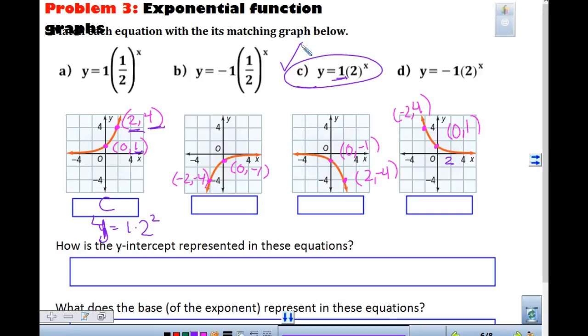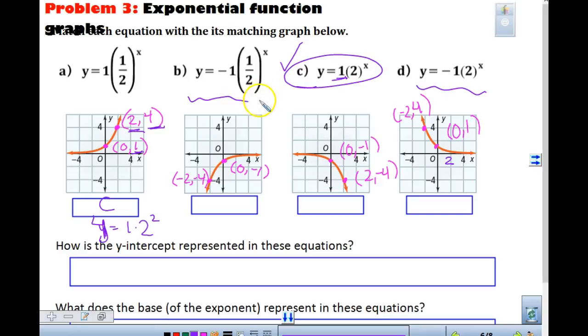I look at this next one. It has a y-intercept of -1, which means it either has to be B or it has to be D, right? So now I've got to figure out which one. I know they both have a y-intercept of -1. If I plug in -2, which one is going to give me -4? If I have it as an exponent, -2 means take the reciprocal, right?